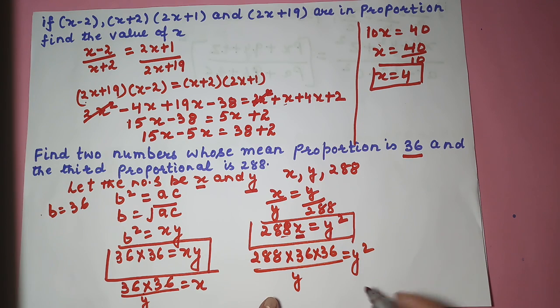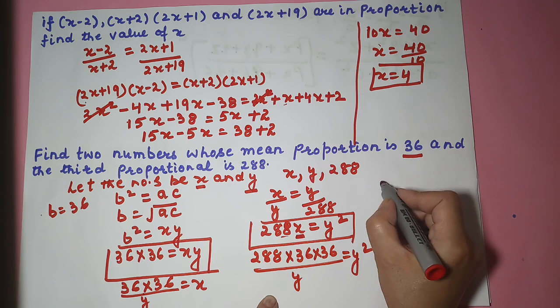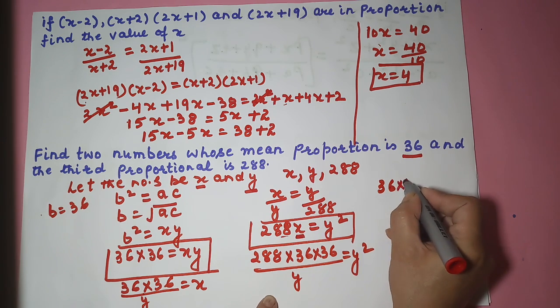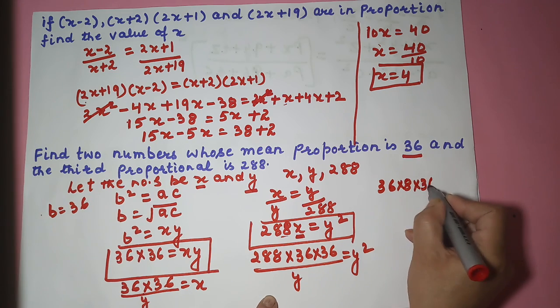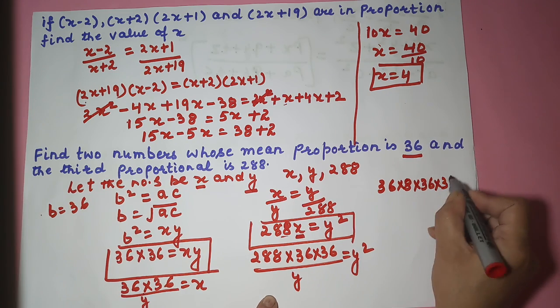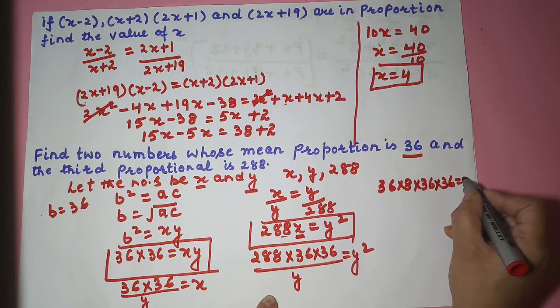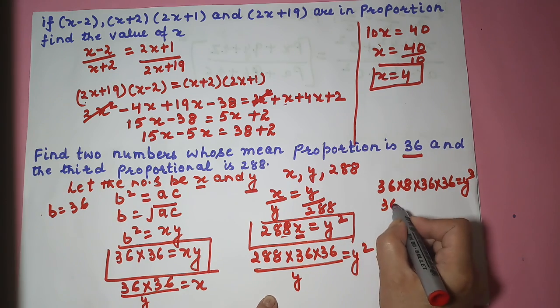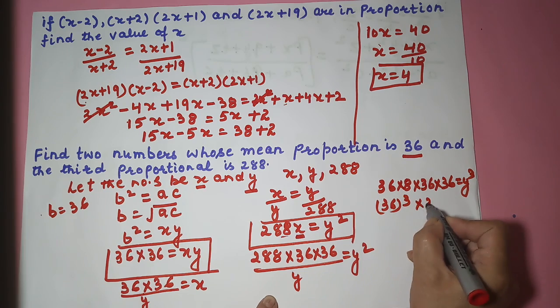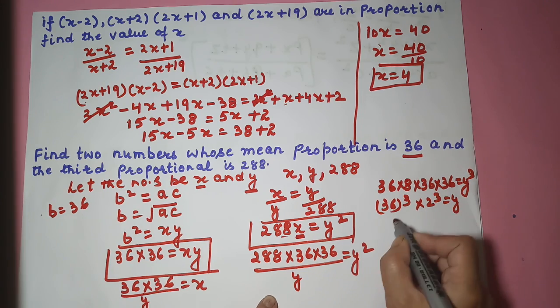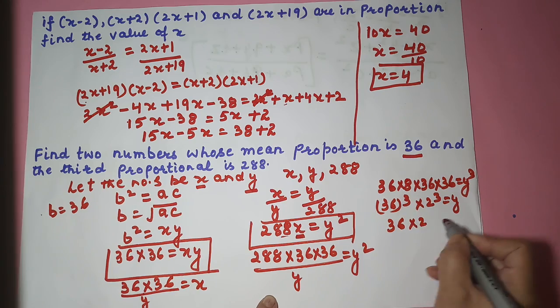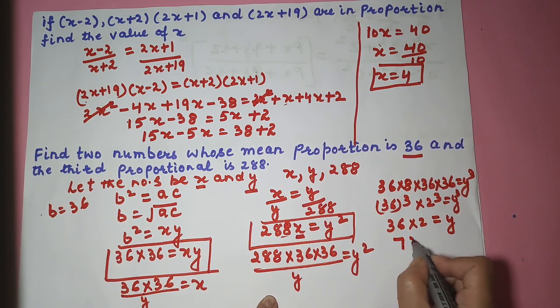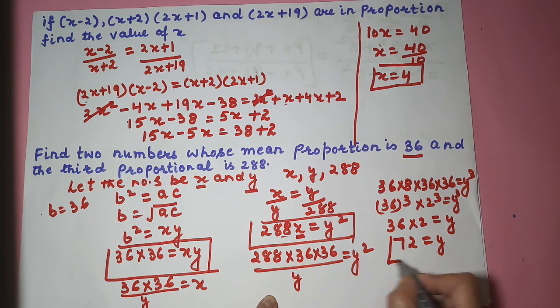So I will cross multiply. 288 I can write as 36 into 8, into how many 36s? 2 36s, and y into y square is equal to y cube. So finally I have 36 whole cube into 2 cube equal to y cube, which means 36 into 2, so 72, equal to y. You have found the value of y.